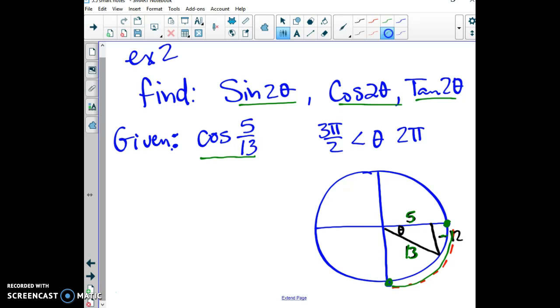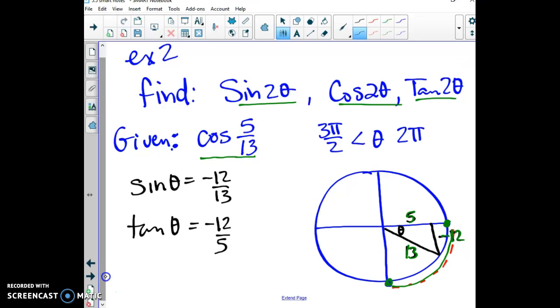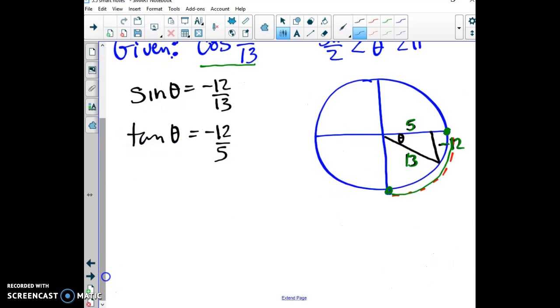We can use Pythagorean theorem and find our sine value, -12. So we now know this, the sine of theta is equal to -12/13, and the tangent of theta is equal to, opposite over adjacent, -12/5. So we're going to go ahead and use our double angle formulas.